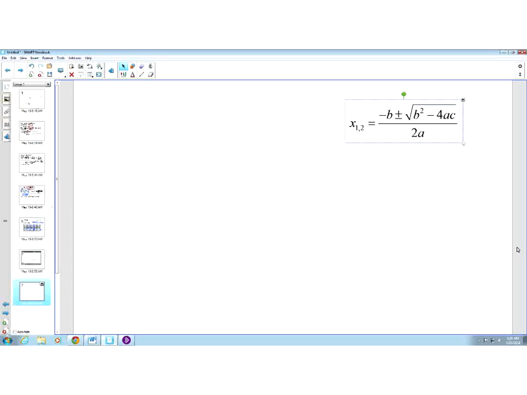And of course, I need to insert the formula itself.